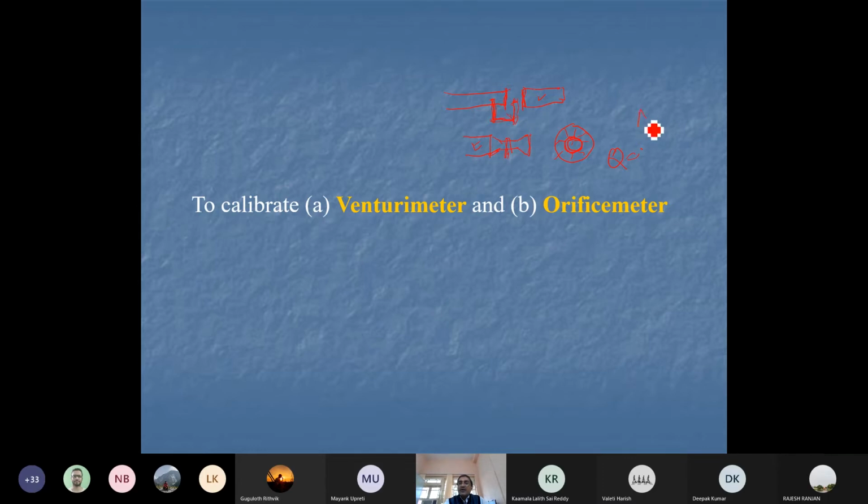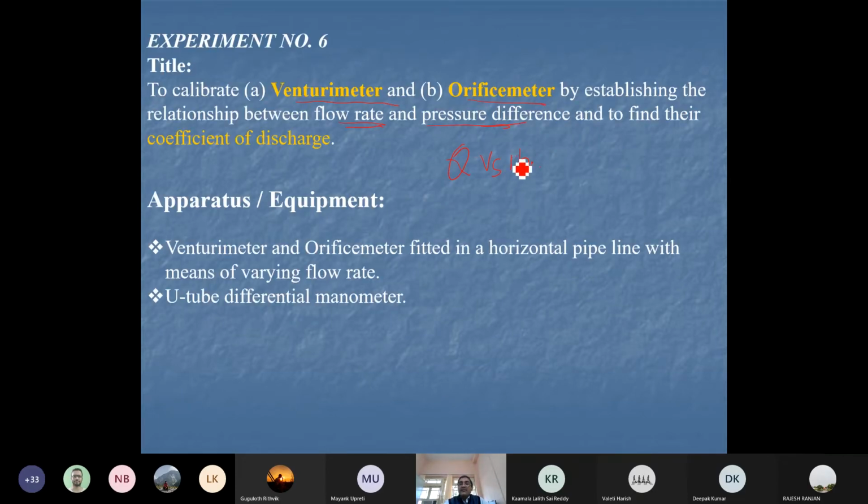So we can take the difference in head, that is delta H. So it is discharge versus head difference between the pipe and the Venturimeter or Orificemeter. If we measure this, we can make a relationship. So for any future condition, we simply measure the head difference between the pipe and the orifice opening or Venturi throat to find out the discharge.